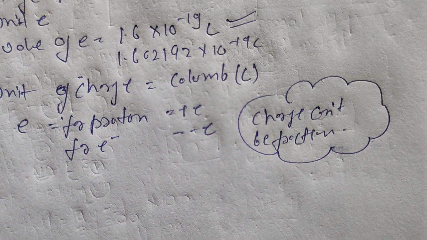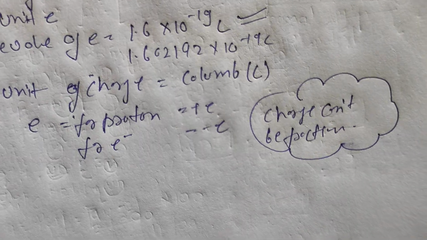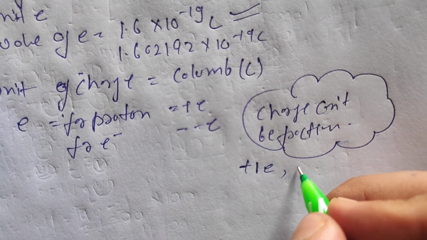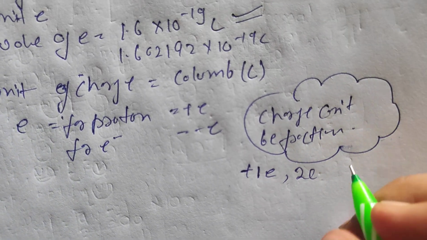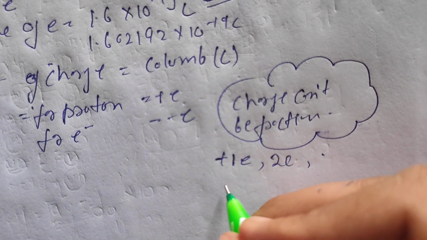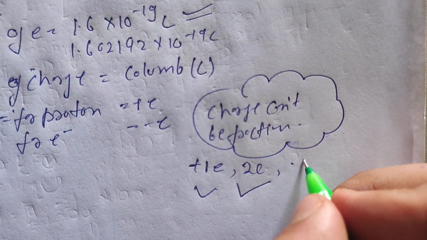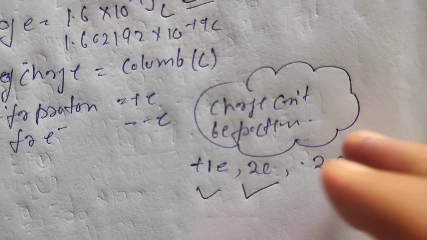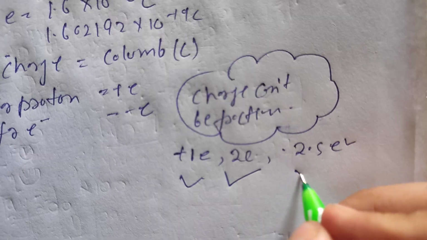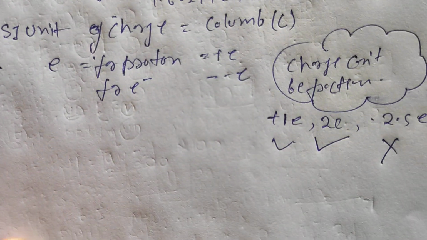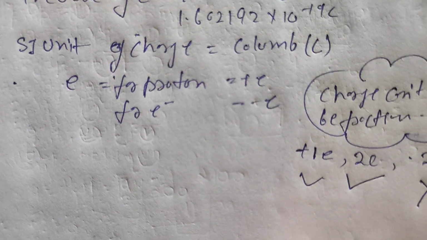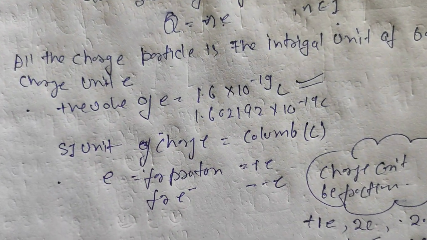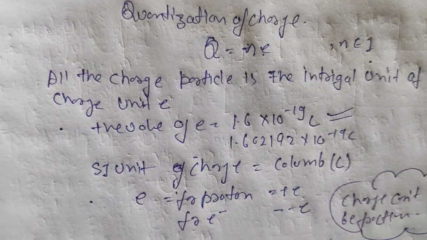For example, if I give you 1 e or 2 e, those are valid. But if I say, sir, I need only 2.5 e, we can say, sorry, that is not possible. Fractions are not allowed, only integers. The charge comes only in packets, basically.